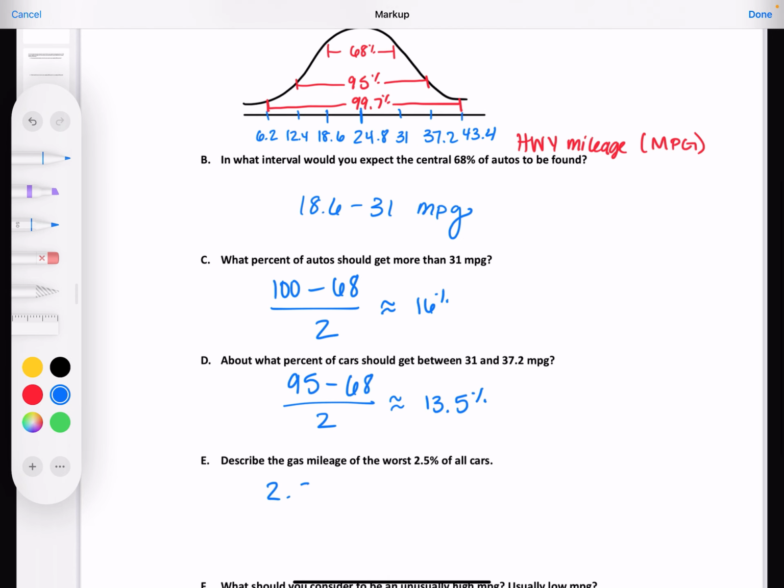It's 2.5% times 2, which is your 5%, so we're looking at the 95% or 2 standard deviations away. So it's going to be approximately less than 12.4 miles per gallon.